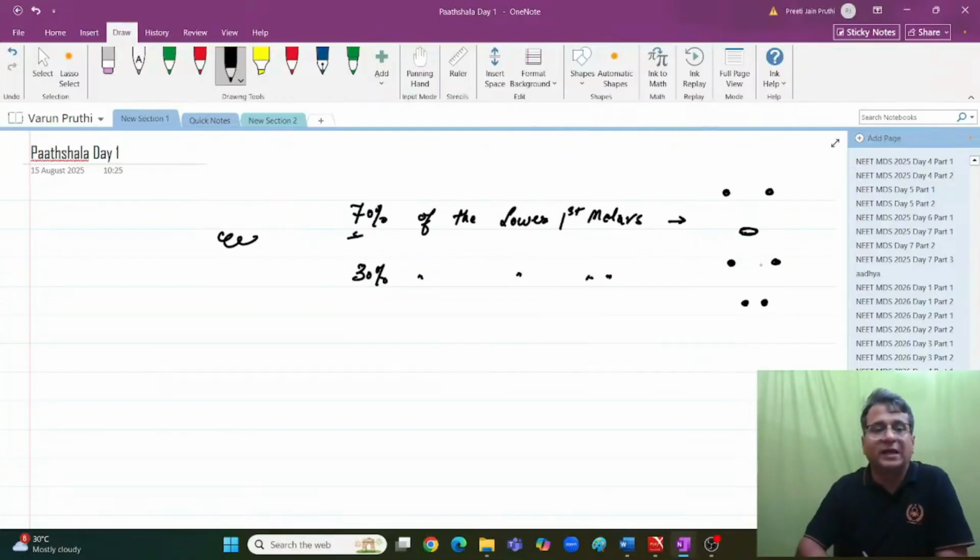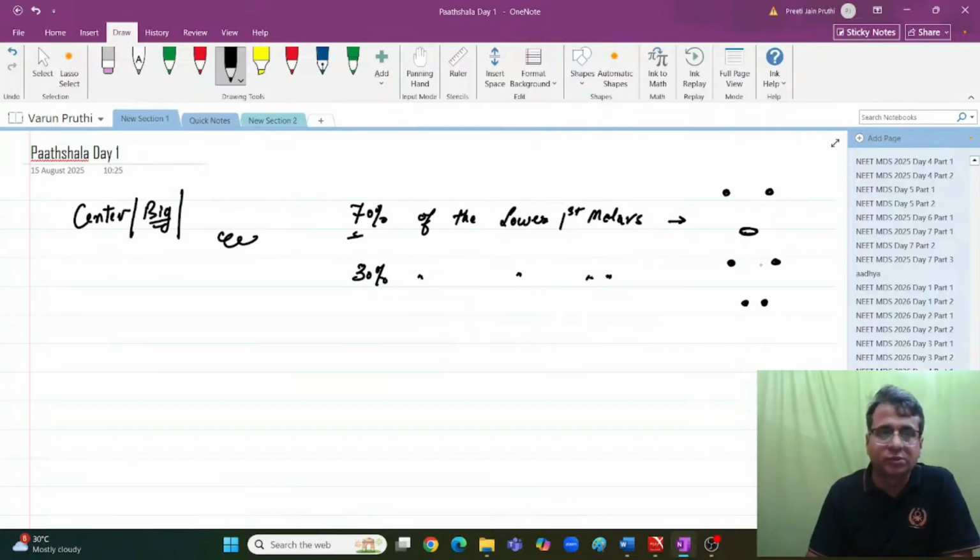If the canal is in the center of the tooth, if the canal is big and your file is going almost in the center of the tooth, usually there is one canal in the distal. While if the canal is present eccentric, means it is not in the center of the tooth.